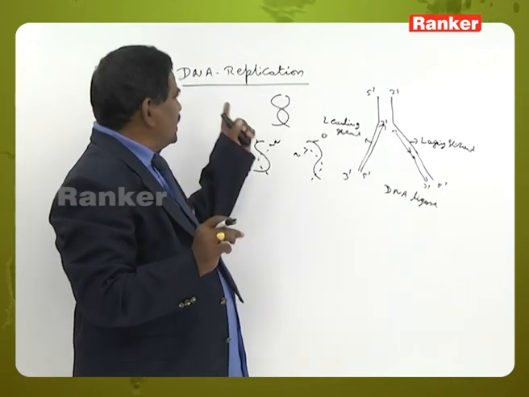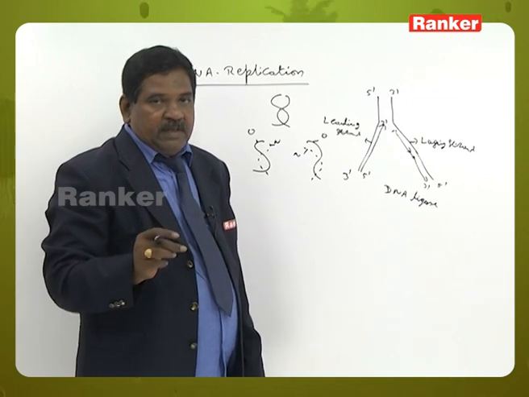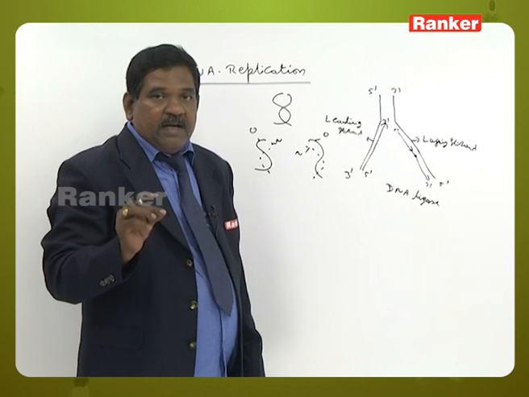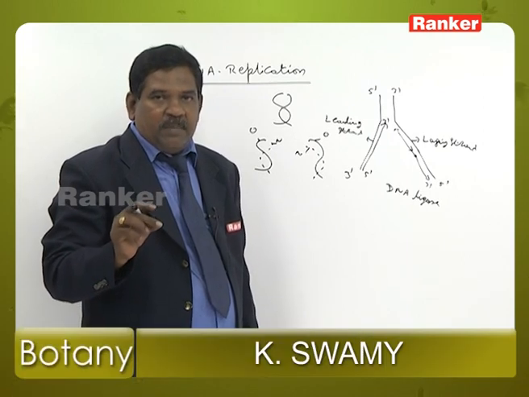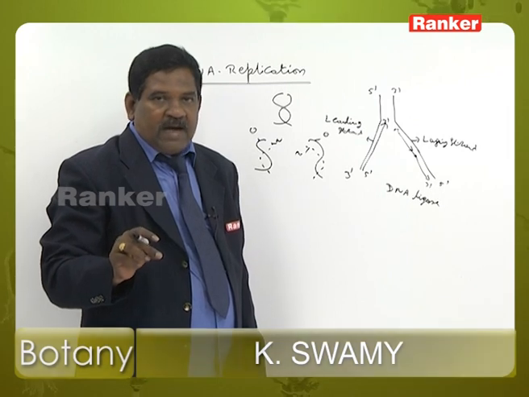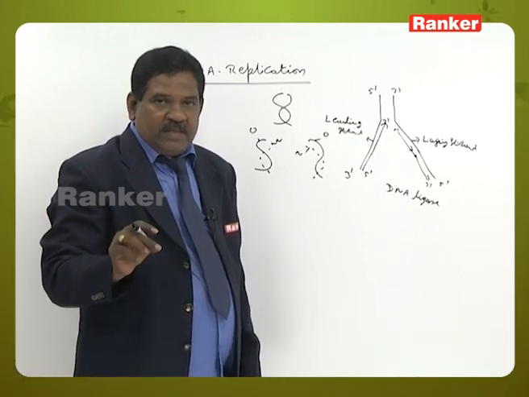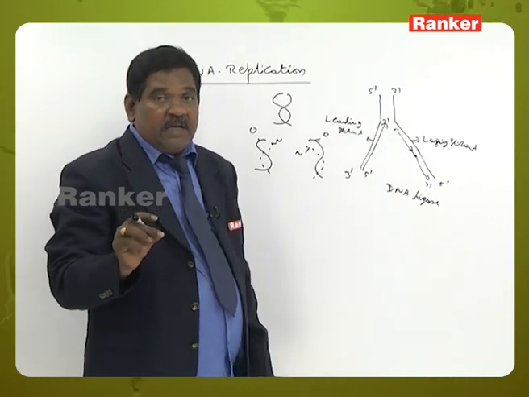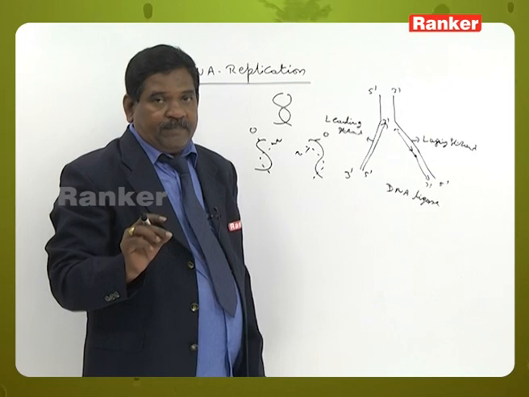So for the replication of DNA, these two enzymes are essential: DNA polymerase, required for the polymerization of the deoxyribonucleotides, and DNA ligase, required for joining the Okazaki fragments in the 5'-3' strand.